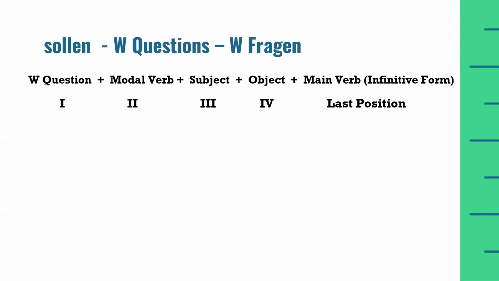We have to conjugate the modal verb at the second position according to the subject, which will be at the third position. Then comes the object, and the main verb of the sentence will come at the last position, and the main verb will always remain in the infinitive form.